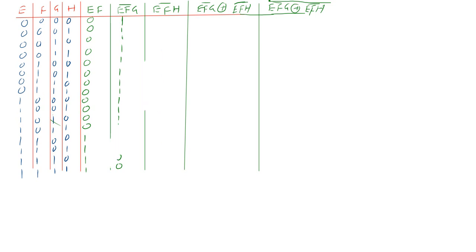We are on H, so let me undo this. So we are in this column. So the first one, we said it is 1, so we shall have 1. We shall have 1, then we have 1.